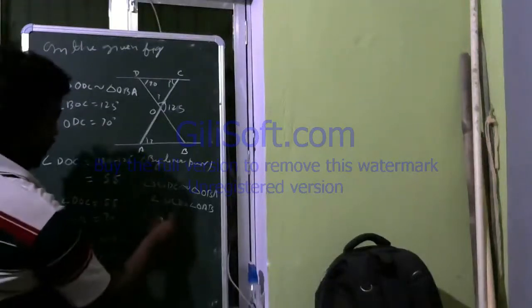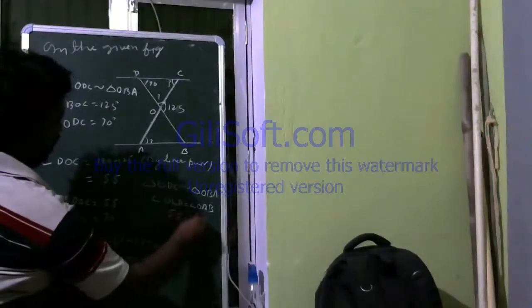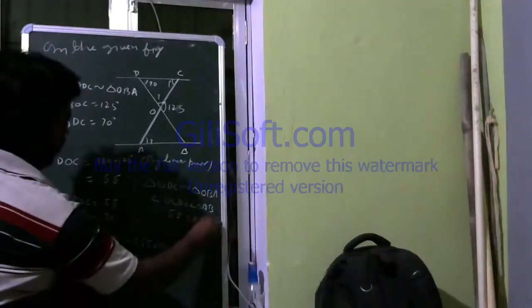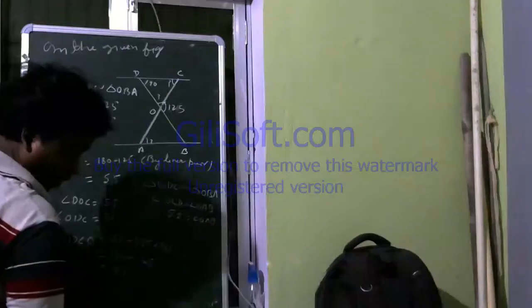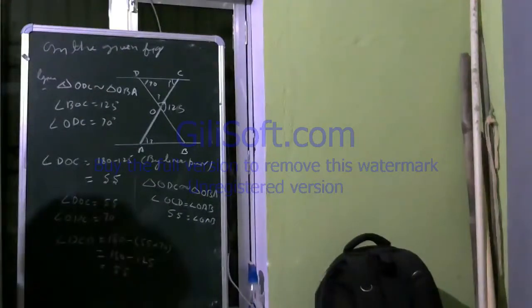We have already calculated OCD is equal to 55 degree, and angle OAB is also 55 degree. That is our solution. It is very easy, okay.